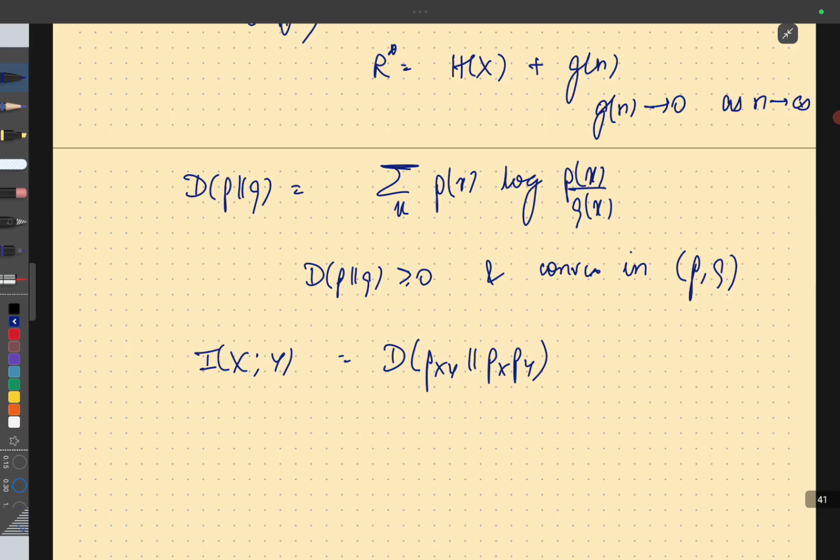So the KL divergence is 0 only if P of x is equal to Q of x, and the mutual information is equal to 0 if and only if the joint distribution consists of independent random variables. So the mutual information is always non-negative and equal to 0 if and only if X and Y are independent of each other.